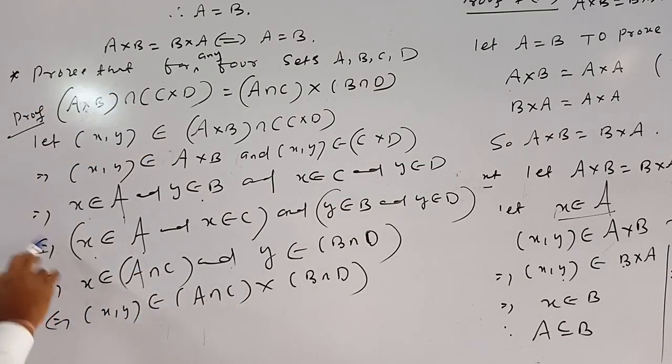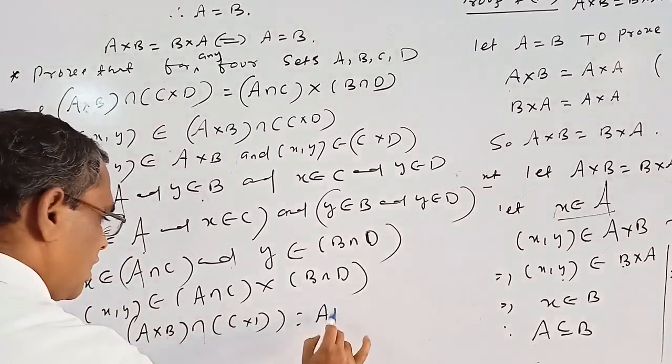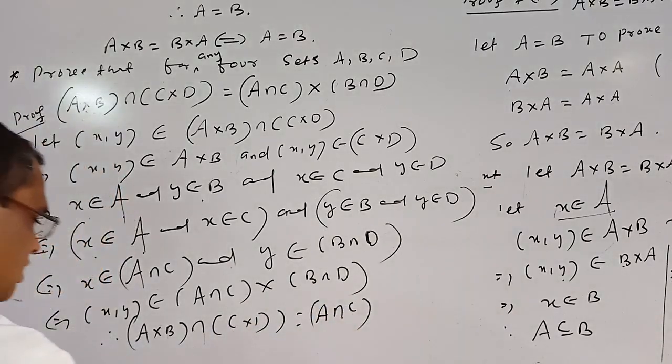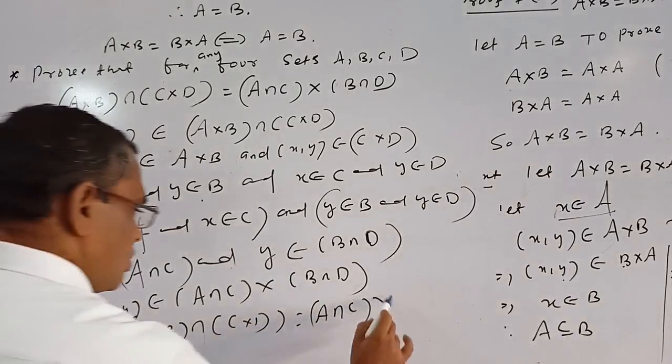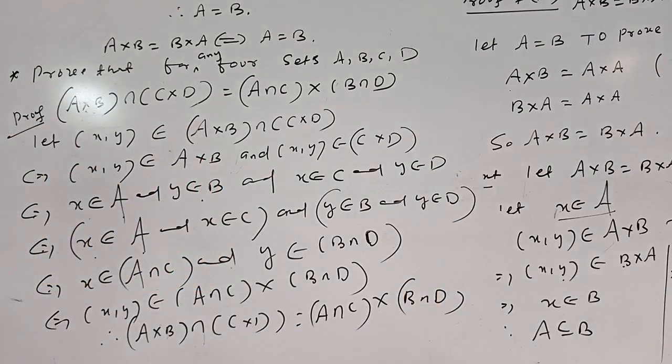So we take it in the reverse implication as well. Therefore (A × B) ∩ (C × D) is equal to (A ∩ C) × (B ∩ D).